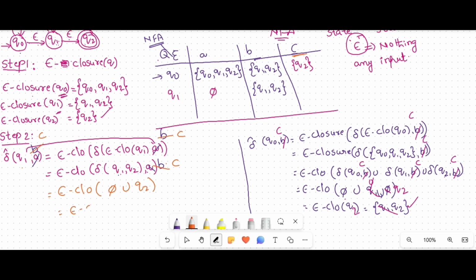Then simply epsilon closure of Q2, which is nothing but Q2.